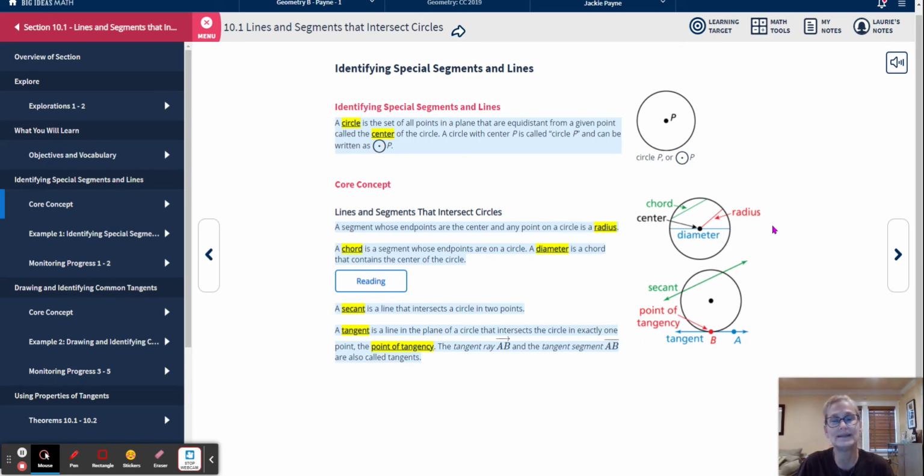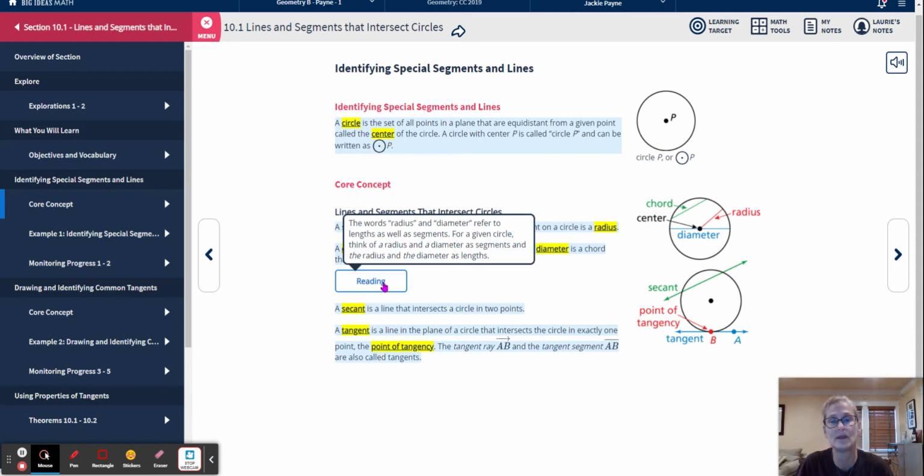It's a chord containing the center of the circle. The words radius and diameter refer to lengths as well as segments. For a given circle, think of a radius and a diameter as segments and the radius and the diameter as lengths. Okay, so a radius and a diameter are segments, and the radius and the diameter are lengths.